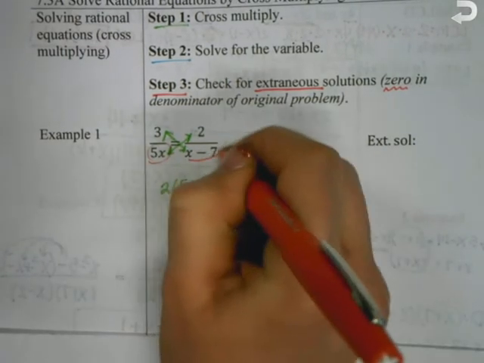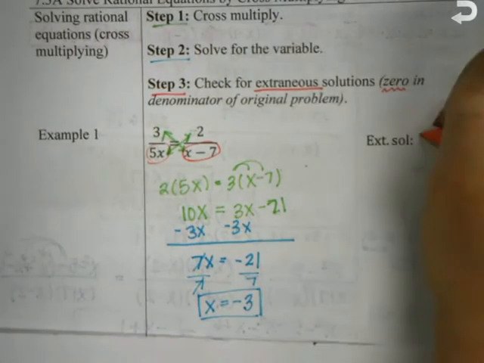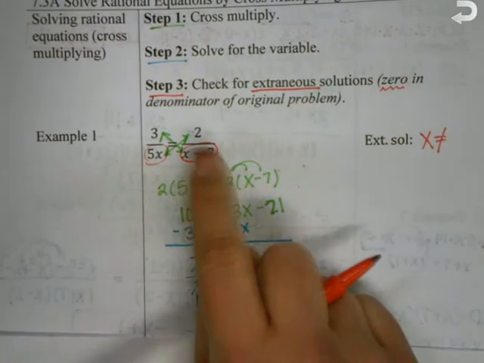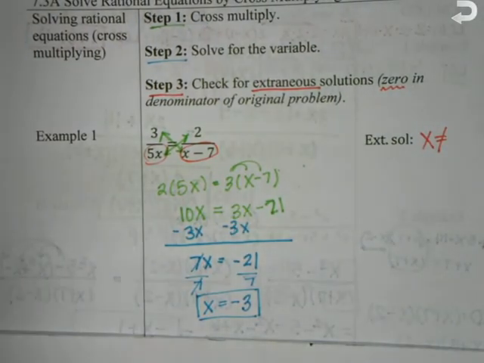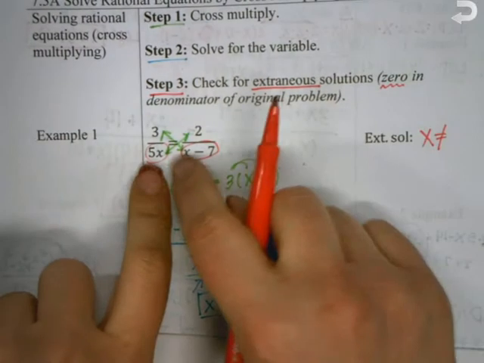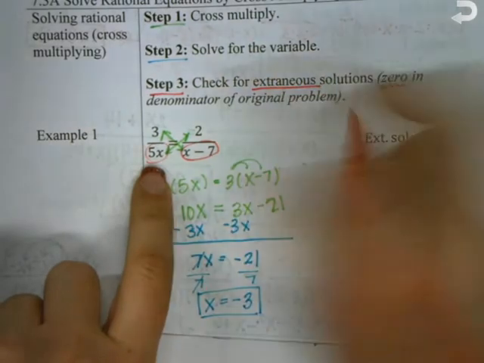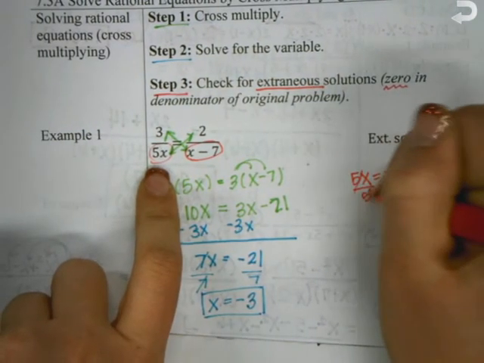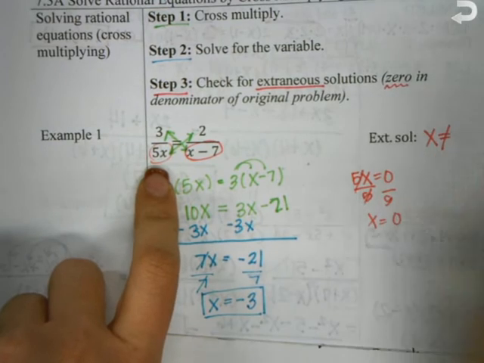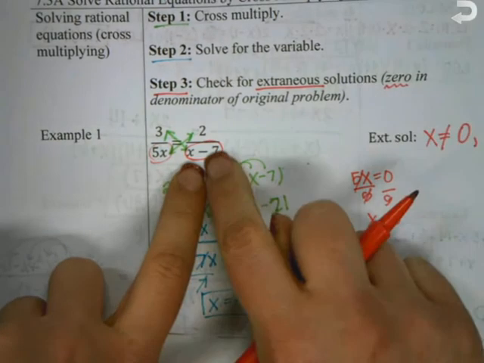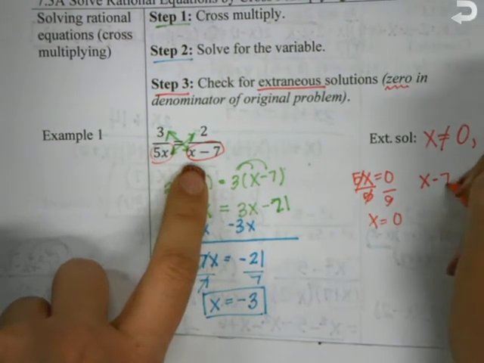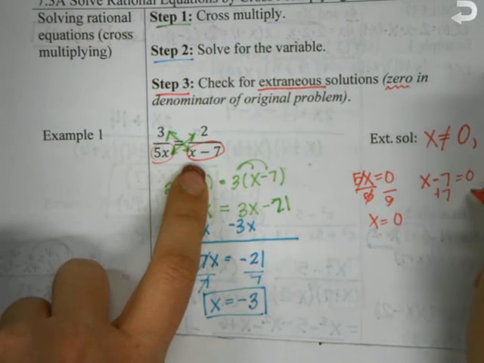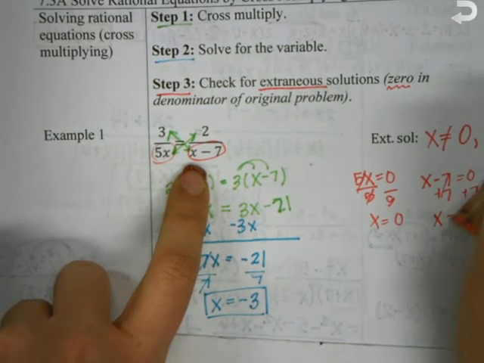What two numbers would make either of those denominators 0? If x equals 0, we would get no solution there. So x cannot equal 0. And we can set x minus 7 equal to 0. And that would give me x cannot be equal to positive 7 as well.